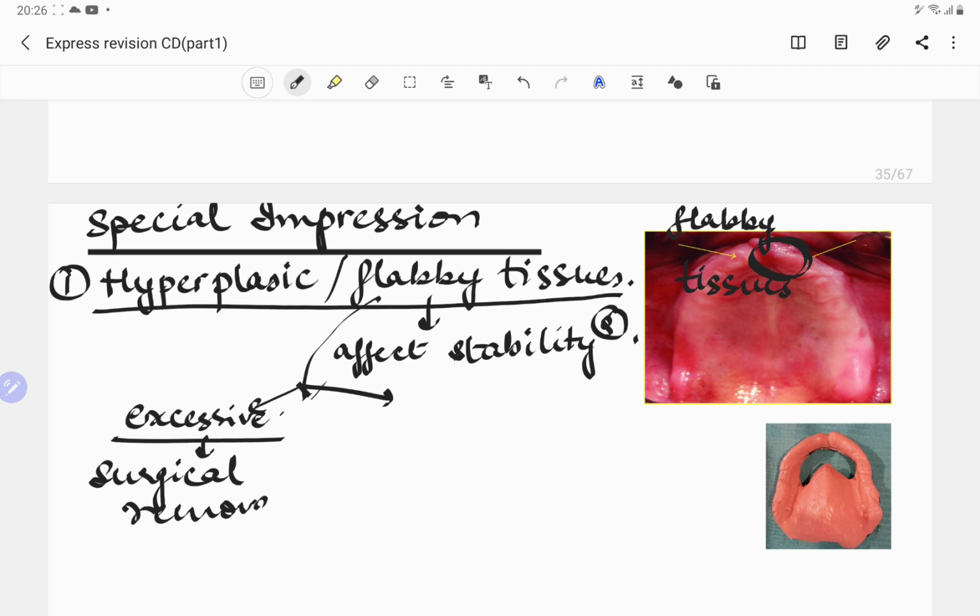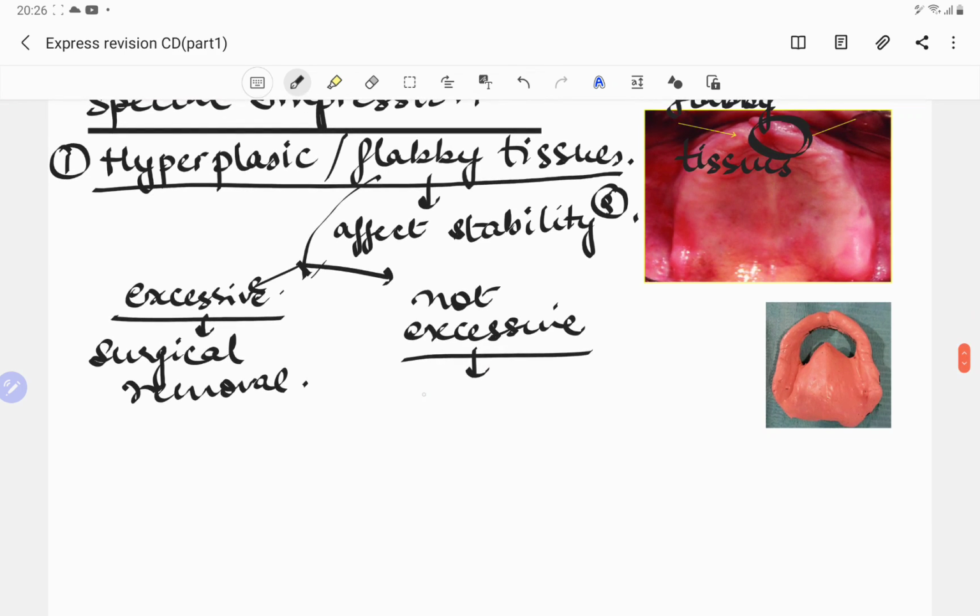And if they are not excessive, then we can manage them via the special impression techniques which we are going to cover just now.